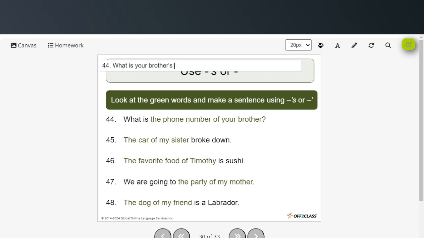The favorite food of Timothy is sushi, so that should be Timothy's favorite food is sushi. We are going to the party of my mother. We are going to my mother's party. And the dog of my friend is a Labrador. Should be my friend's dog is a Labrador.